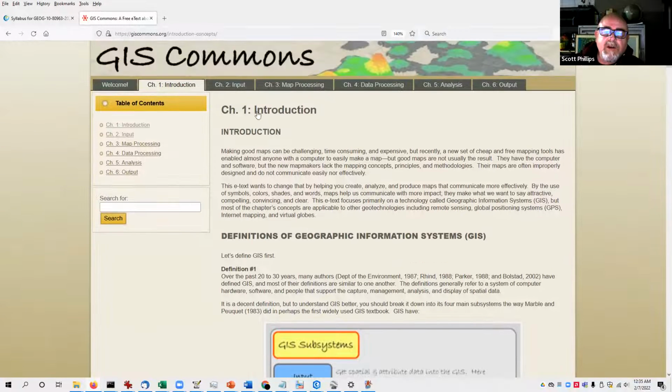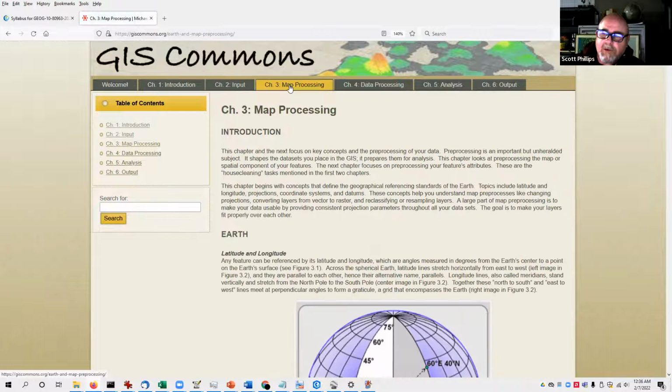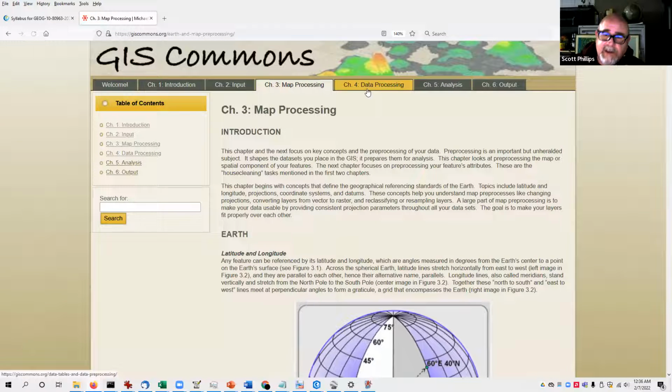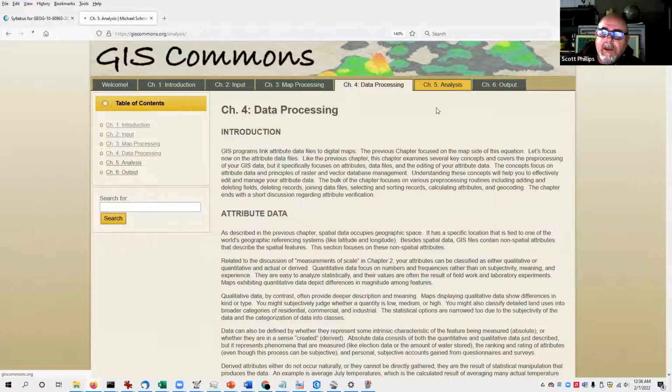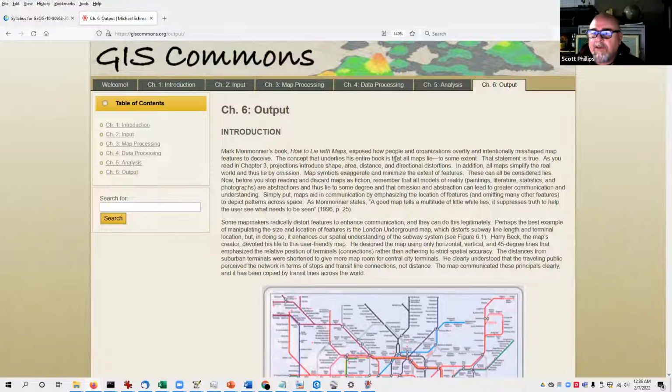It has a framework of dividing it into the introduction that we're talking about today, how to get information into GIS, how to process and edit the data, both map and data processing, analysis of data that we'll get to later on, and how to share the information, how to get information out of GIS.